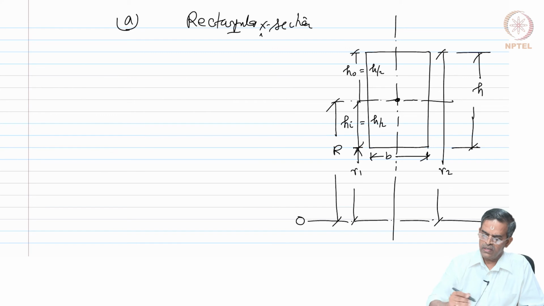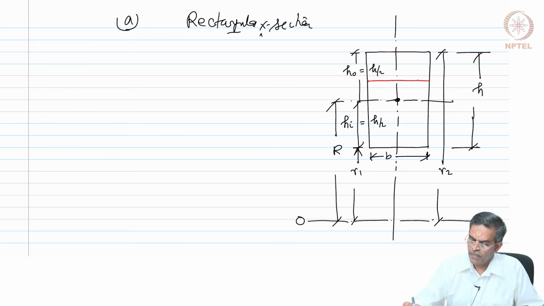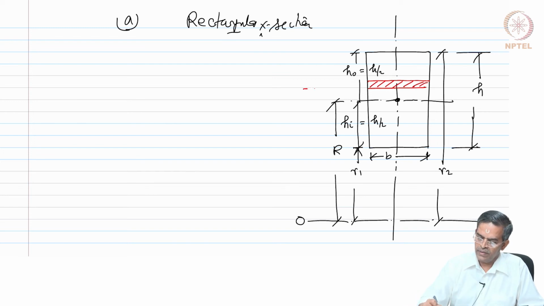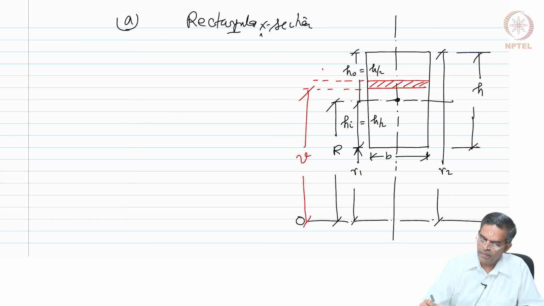Now let us consider a strip at a distance v from here. Let the thickness of the strip be dv.